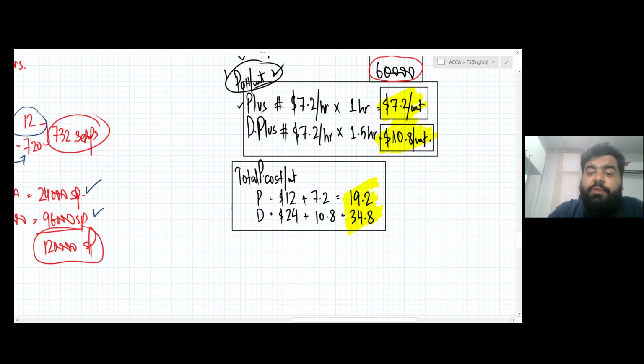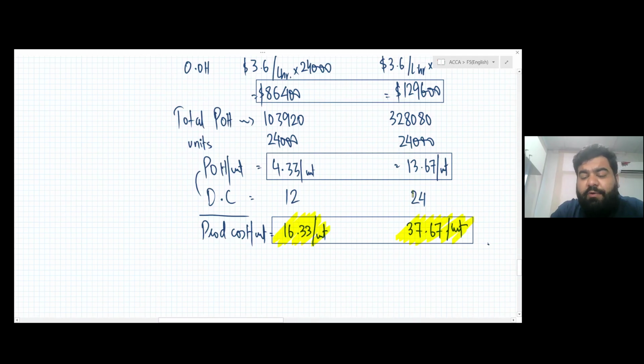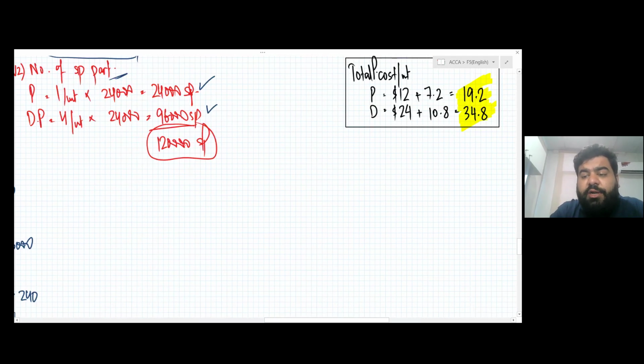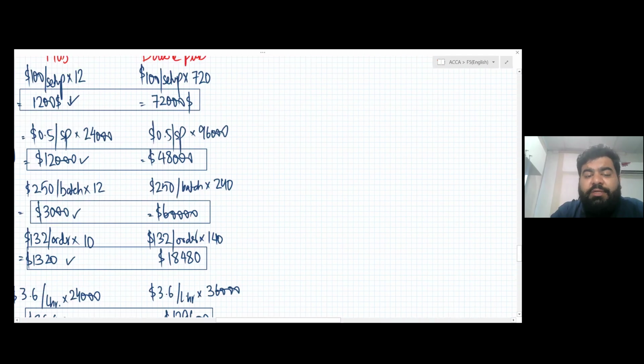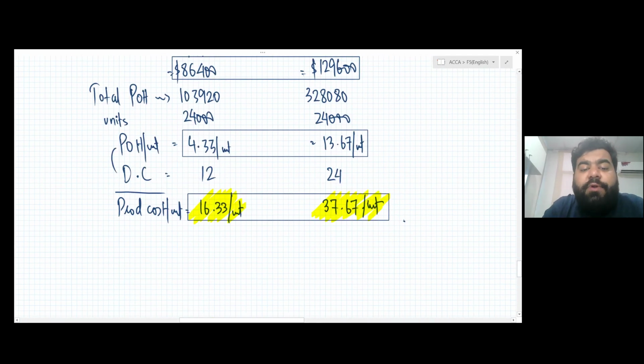The difference is due to the wrong basis we were using in the absorption. We are using only labor hours, therefore we will not be worried about any basis for the overheads.